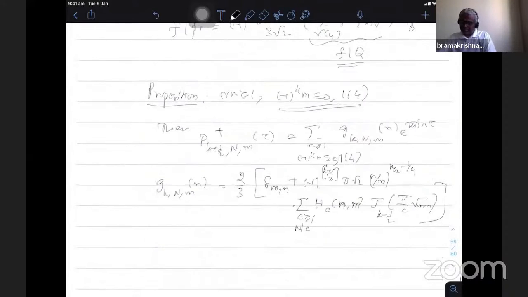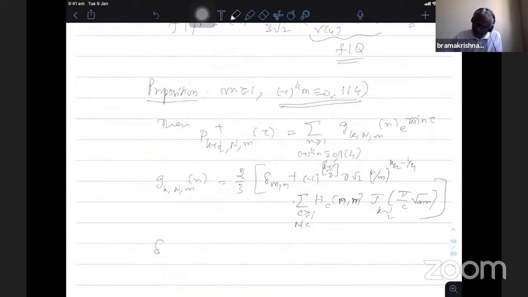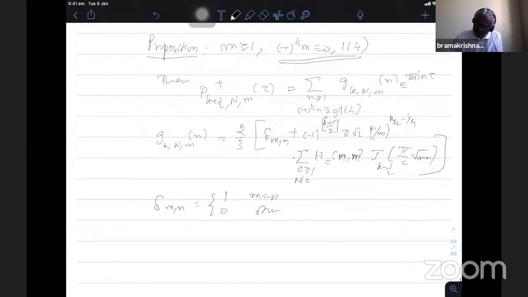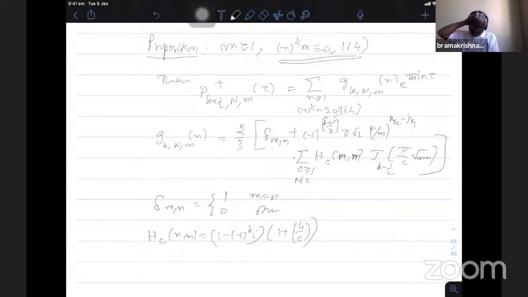Where δ_{mn} is 1 if m equals n, otherwise 0. So H_c(n,m) is some constant, (-1)^{[(k+1)/2]} i times (1 plus (4/c)), which is either 2 or 1 according as c is odd or even, times 1/(4c) summation of (4c/δ) (4/δ)^{k+1/2}, where δ runs over the residues modulo 4c star, so all the non-zero residues modulo 4c, of e_{4c}(nδ + mδ^{-1}).